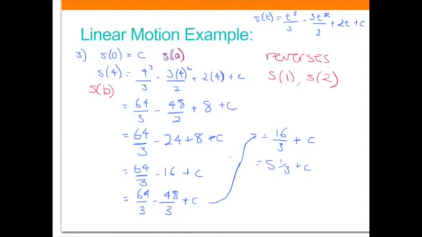Has everyone got what they wanted written down from the slide? Yeah. So you guys can probably figure these out, but S1 is equal to C plus 5 on 6, and S2 is equal to C plus 2 on 3.